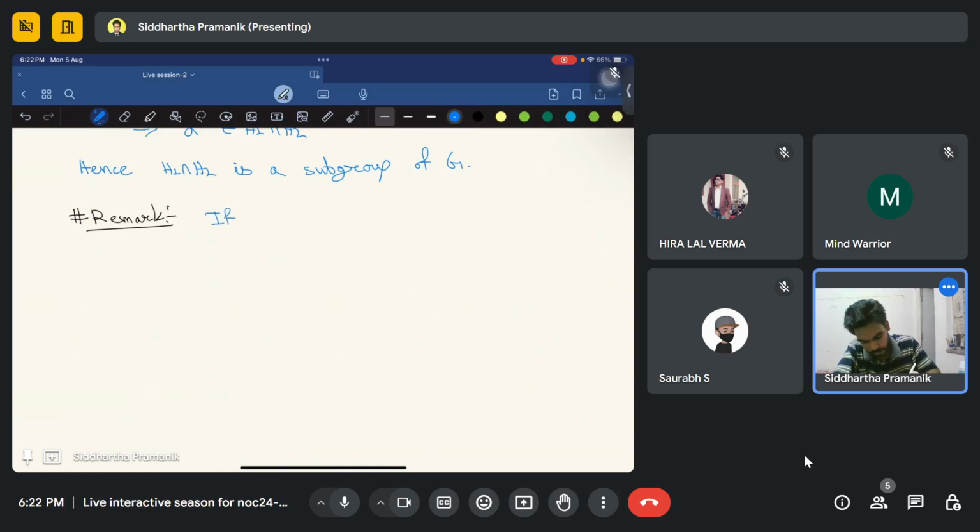So if Hi, where i belongs to an index set capital I, is a family of subgroups, so that means it can be any finite number, infinite number, indexed by any set. So then their intersection is also a subgroup.